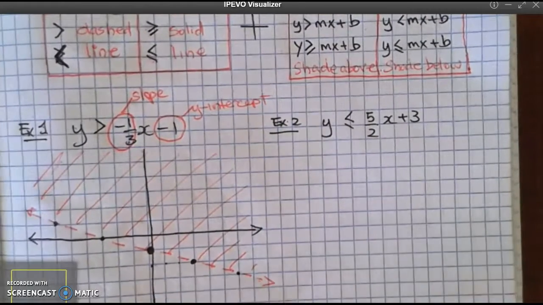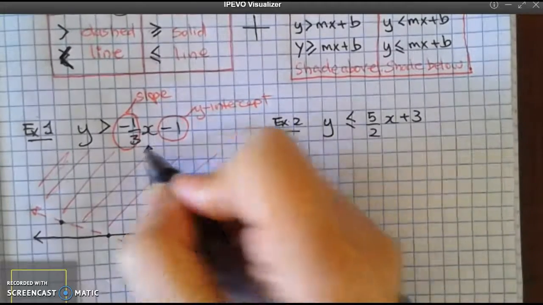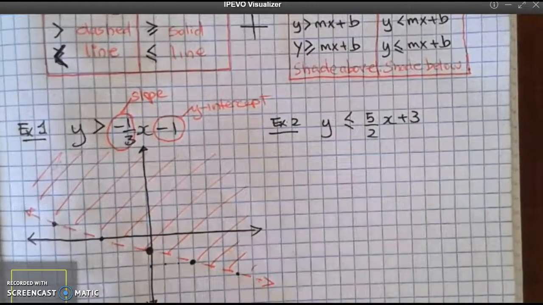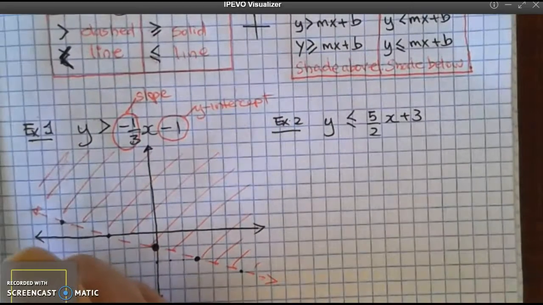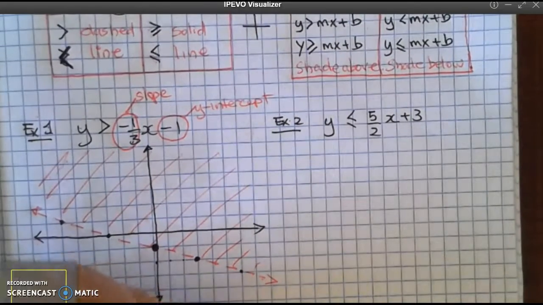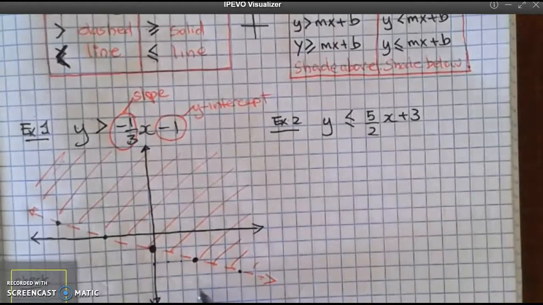All right, then let's try another. Once we have shaded, it's always a good idea to check to see if my shading is correct. Assuming that your line is correct, now we have to pick a point where we think it is part of the solution.